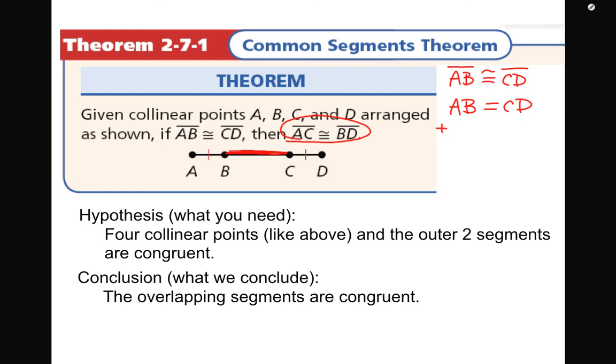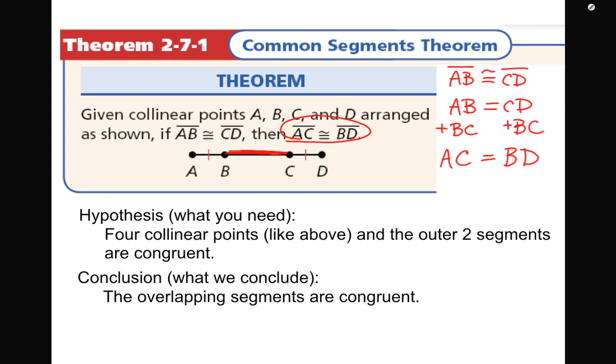Add the length of BC on each side. That's like the addition property of equality. So AB plus BC is going to give you AC's length. CD plus BC is going to give you BD's total length. That was like by using the segment addition postulate.